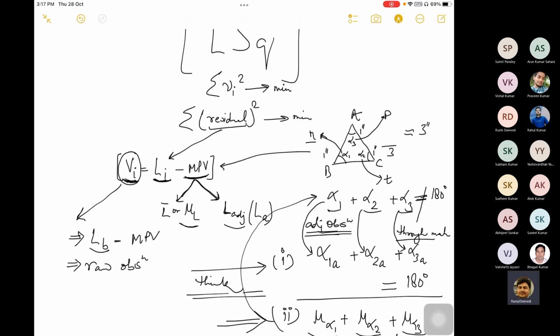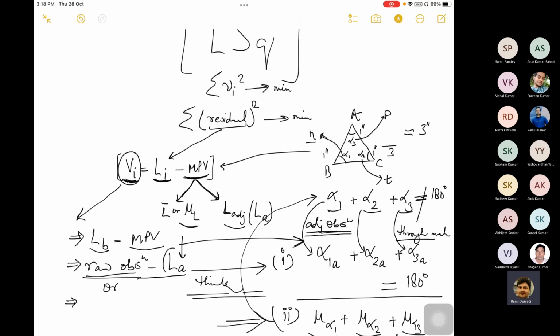We are more focused on the raw observation minus, instead of MPV, now here onwards we'll use the word LA, which is called adjusted observation, because that falls better into our category. So this is raw observation minus adjusted observation, and you could also see that this adjusted observation is coming after the adjustment procedure.